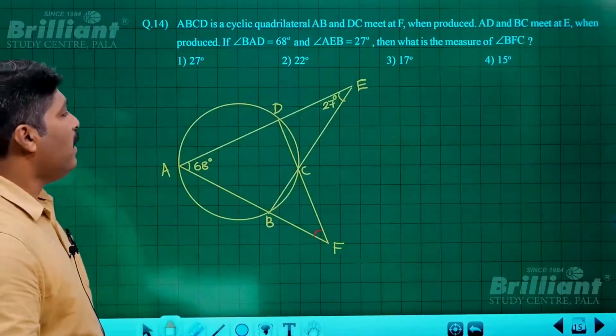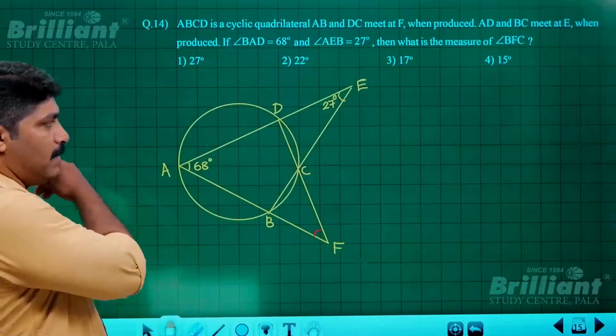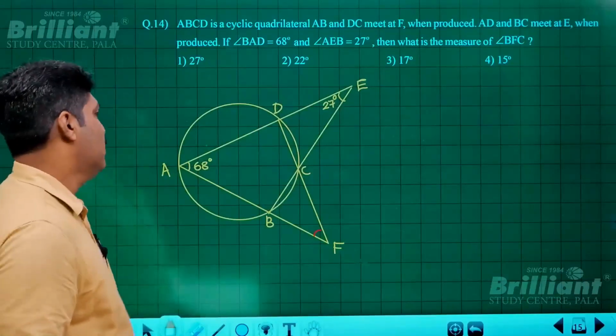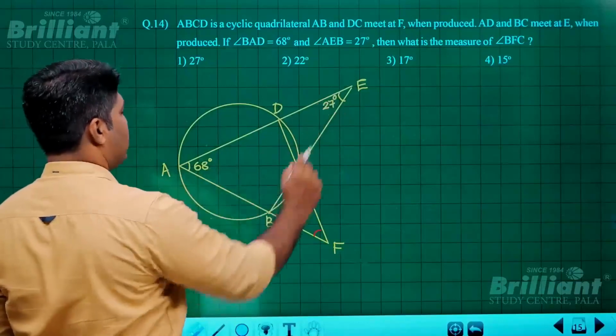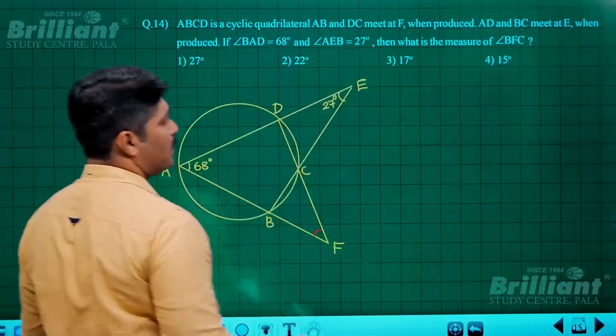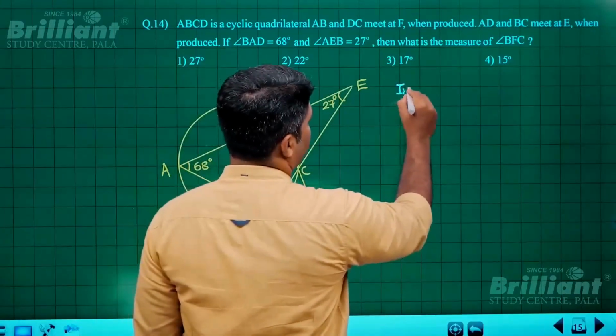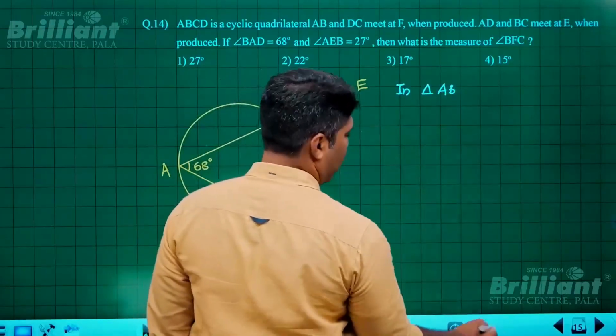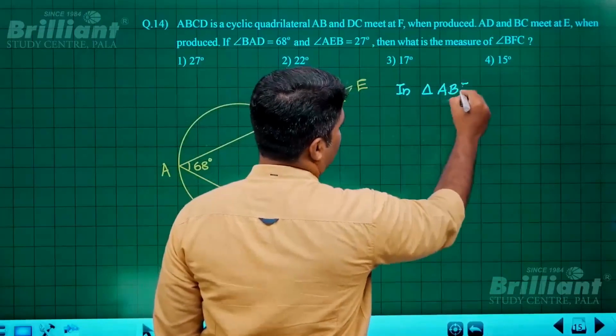If we are considering the concept of angle sum of a triangle, consider triangle ABE.